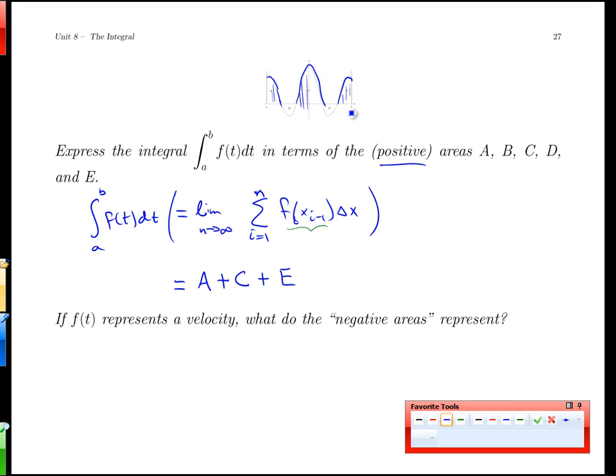Likewise for E. But when we talk about B and D, we just have to remember the area in terms of its absolute value would be the same as if it was above the x-axis, but the function values would be negative. And if the function values are negative, they're going to offer a negative contribution to the integral, or to the sum, whichever way you want to think about it. f is less than 0 on these intervals.